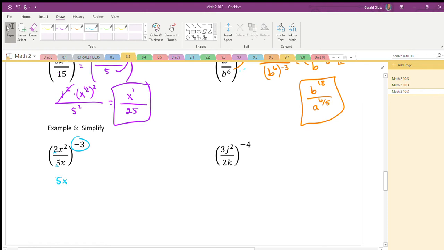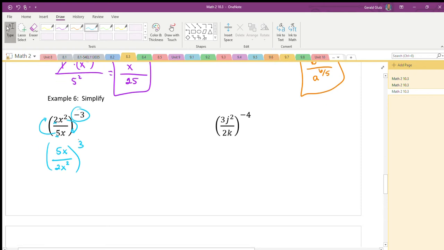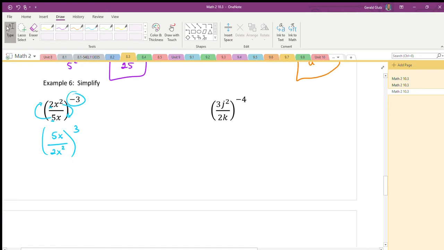So I'm going to move 5x to the top. 2x squared will move to the denominator. When I take the reciprocal, that changes the sign of the exponent. So now I have a +3. So if you don't like dealing with negatives, just take the reciprocal of this fraction, and this becomes a positive exponent. So then we do the same thing.